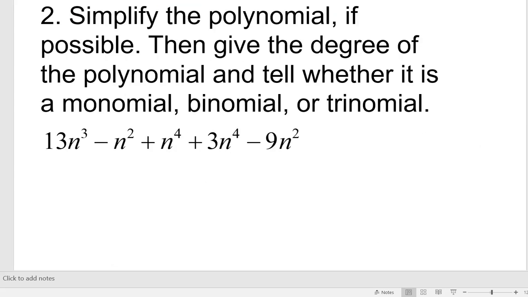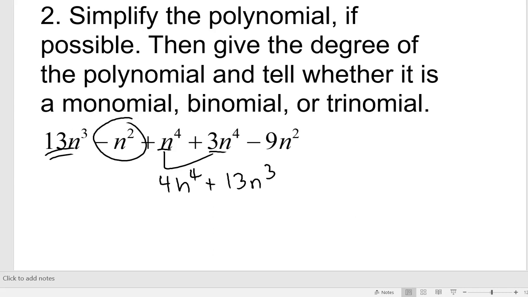Same here. Let's start with the highest power, which is the n to the fourth. We have 1 plus 3, how about 4, n to the fourth. For the n to the third, there's only one of those, so I'm just going to bring that down. And then for the n squared, minus 1 minus 9 is minus 10.